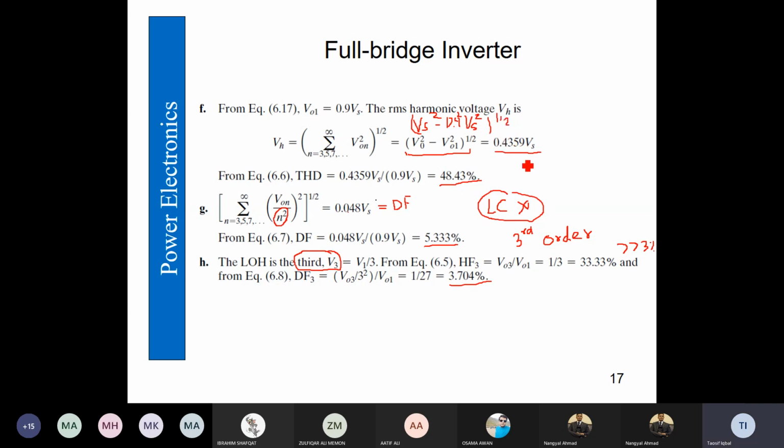So we get 43.4359% Vs. We divide it by 90%, which is the first fundamental, and again we get that same total harmonic distortion, which is too large as compared to the standard 5%.